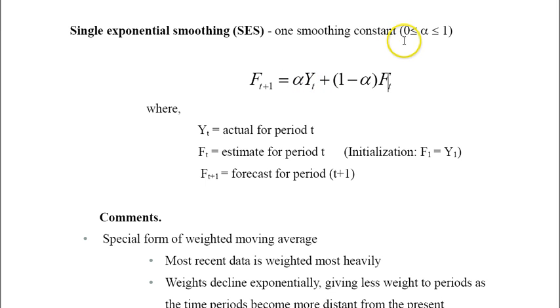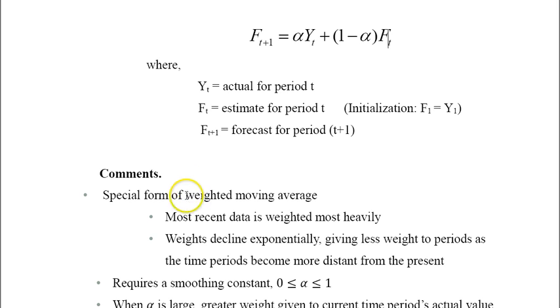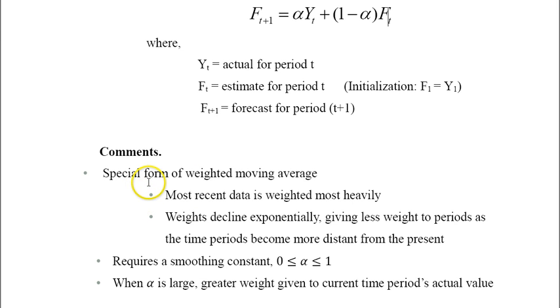So alpha is a number between 0 and 1. Let's look at some of these comments here. A weighted average is a special form of a moving average in which the most recent data is weighted most heavily, which is what we would like. Weights decline exponentially, giving less weight to periods as they become more distant from the present.